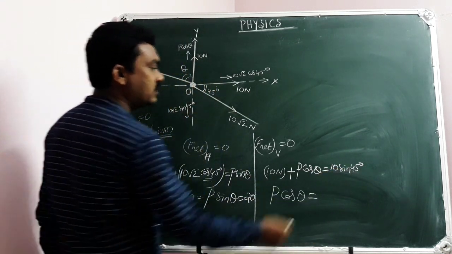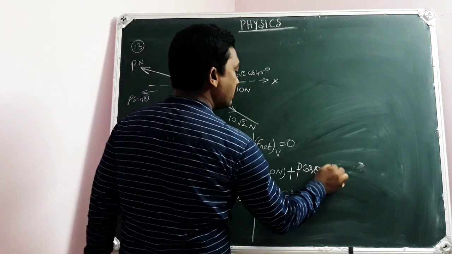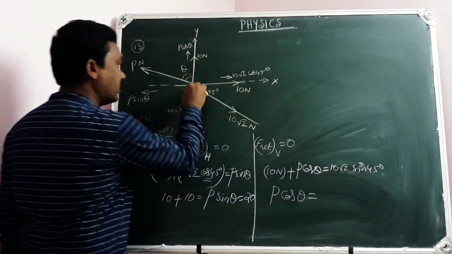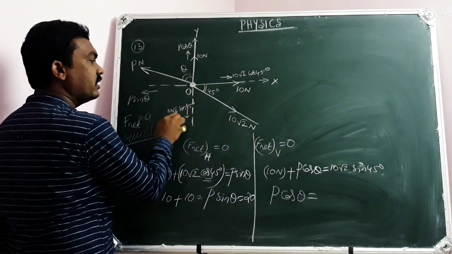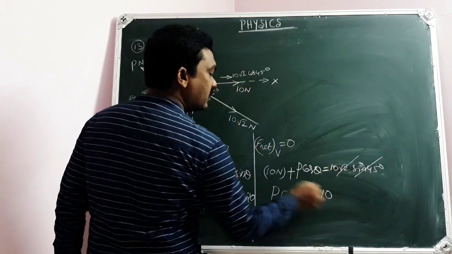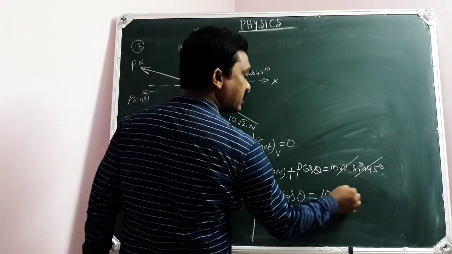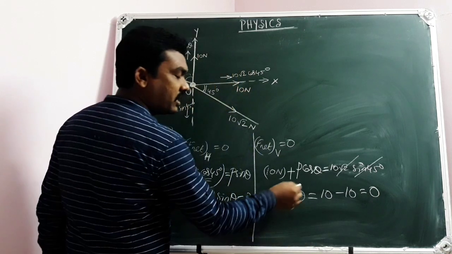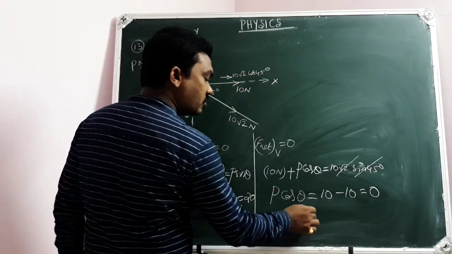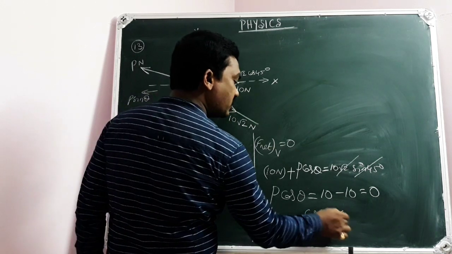This is 10 root 2 sin 45, vertically downward force. Root 2 and sin 45 get cancelled. 10 is left and this 10 goes to the left side, minus 10 equal to 0. Means P cos theta equal to 0, but P is not equal to 0. So cos theta must be equal to 0.